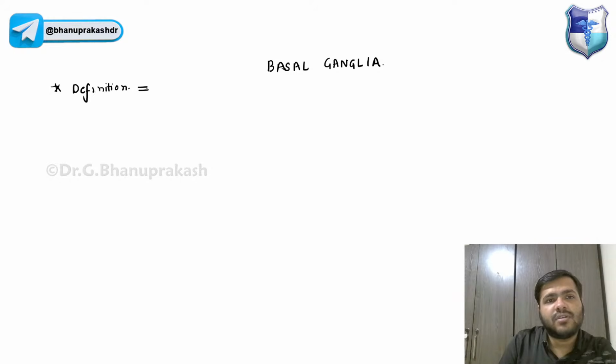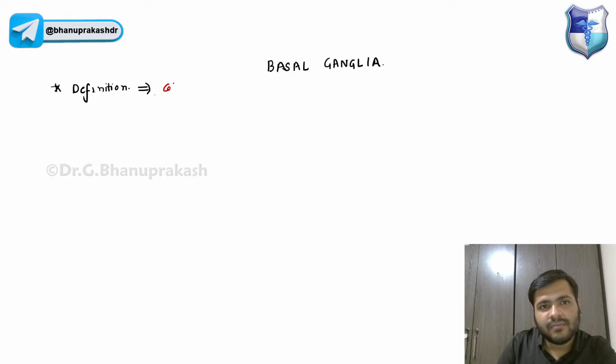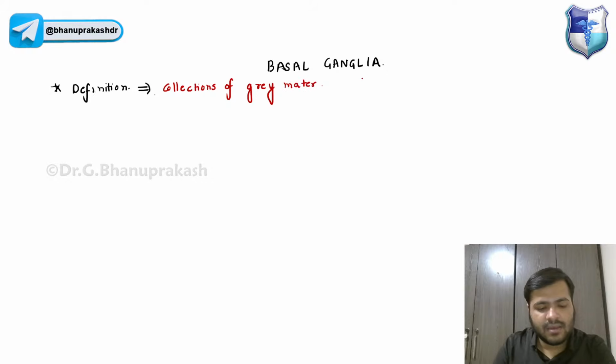The definition of the basal ganglia. It is very important. Now, what is this basal ganglia? They are basically the collections of gray matter. Remember, simply they are collections of gray matter, deeply placed inside the white matter of the cerebral hemisphere.